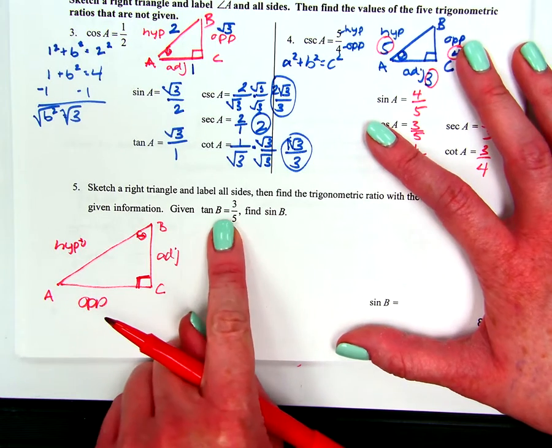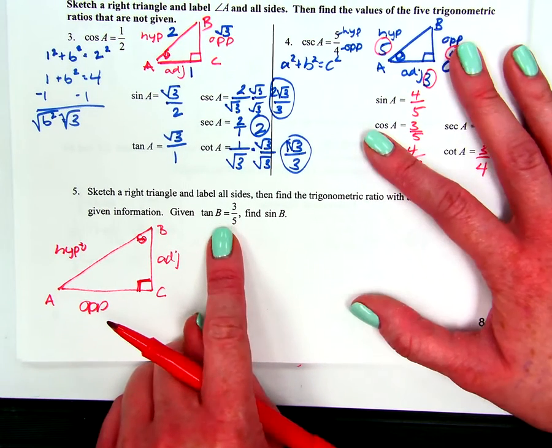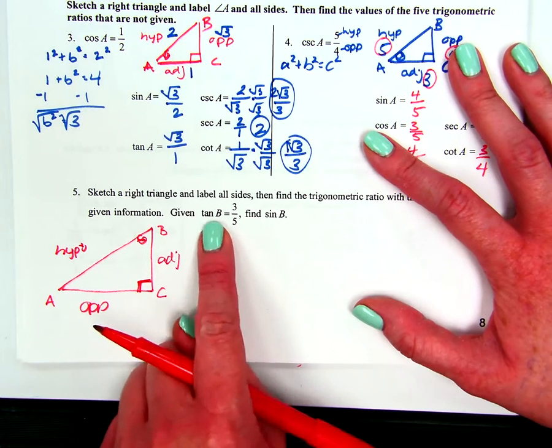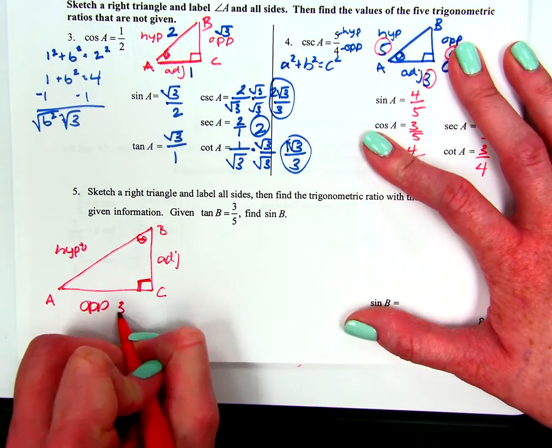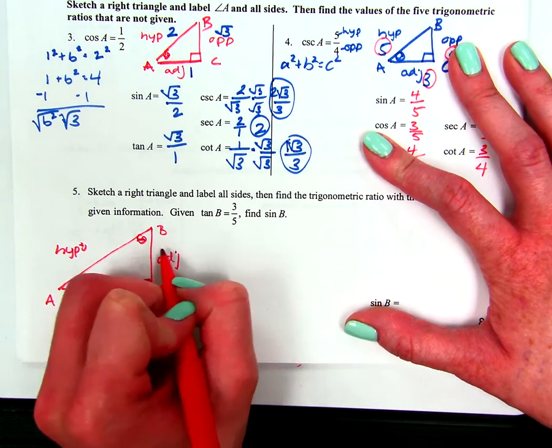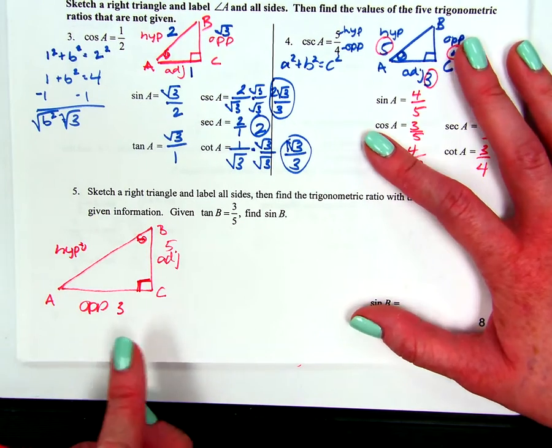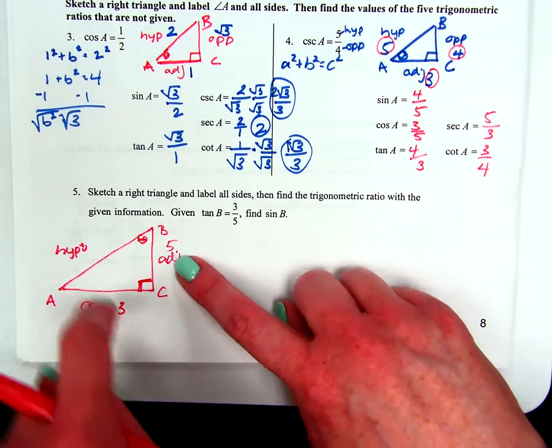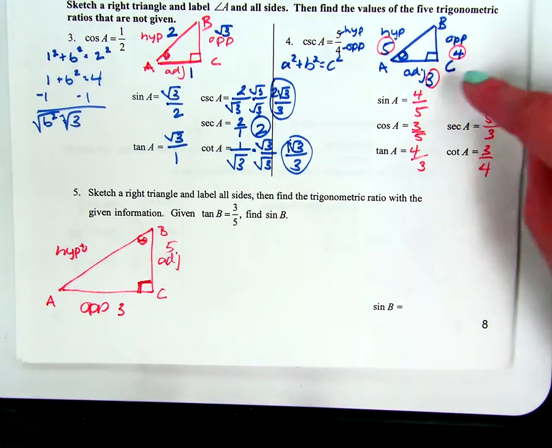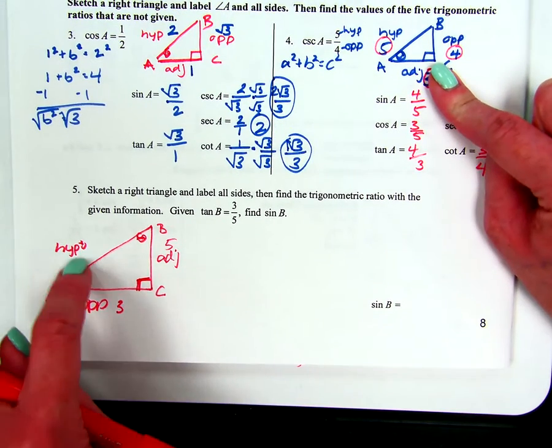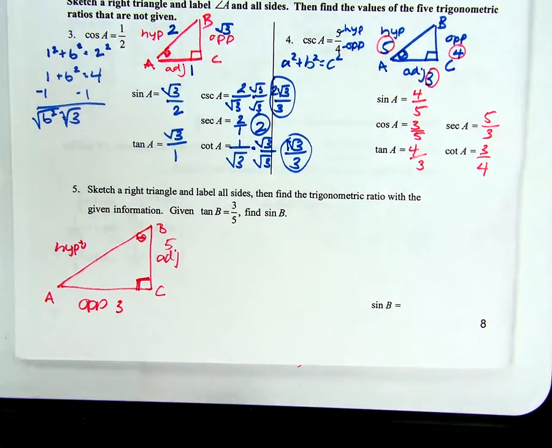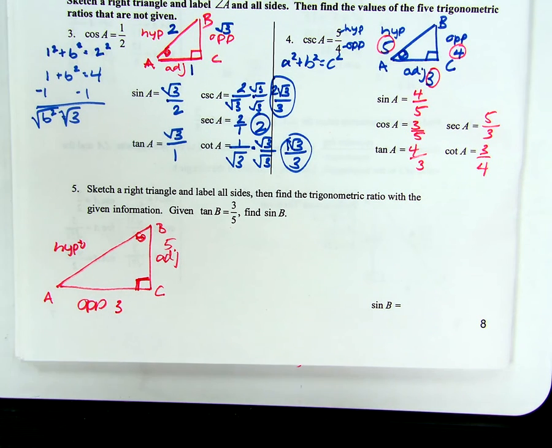So it's giving me a tangent. So for my SOHCAHTOA that we'll talk about too, tangent is opposite over adjacent. So I have a 3 and a 5. Now this triangle has a 3 and a 5, but it's not a 3, 4, 5 triangle. Remember I said on 4, the biggest side has to be a 5, which is a hypotenuse. So we are going to go ahead and do a squared plus b squared equals c squared to find our missing side here.